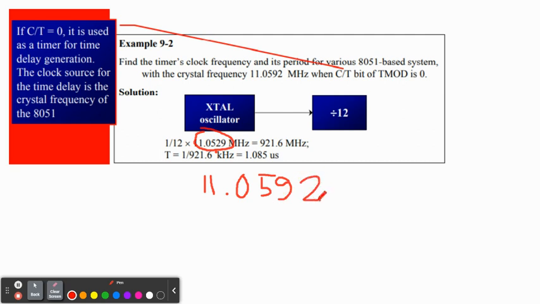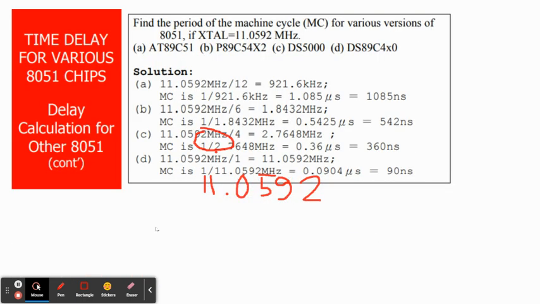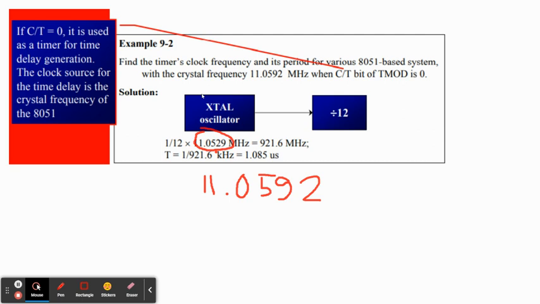Just like what we used before in the example here, 11.0592.